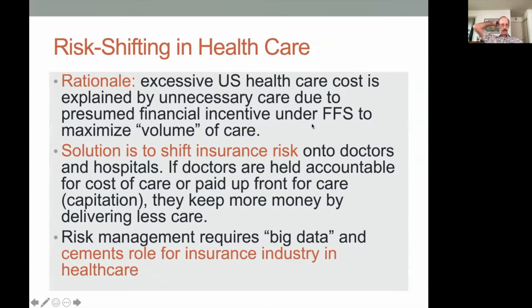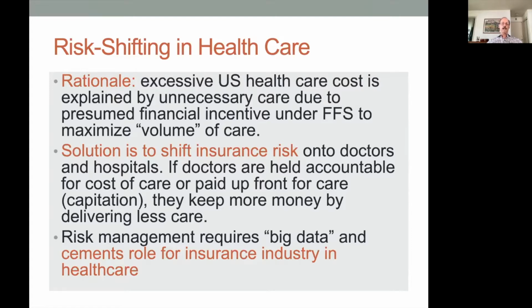So the rationale for shifting risk onto intermediaries is the theory that we have such expensive healthcare because we deliver too many services, because fee-for-service incentivizes maximizing volume of care. Therefore, the solution is if you push insurance risk onto providers of care, like doctors and hospitals, and they're held accountable for the cost of care, then they keep more money by delivering less care, and then they will not deliver unnecessary care due to fee-for-service.